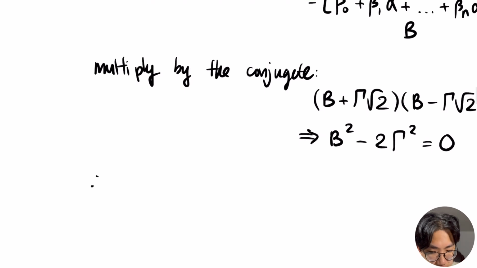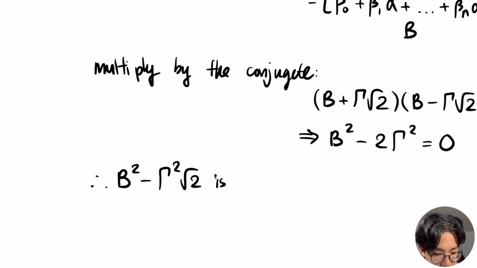So we can say, therefore, β squared minus γ squared root 2. This thing is a polynomial, or sorry, this is 2γ squared.